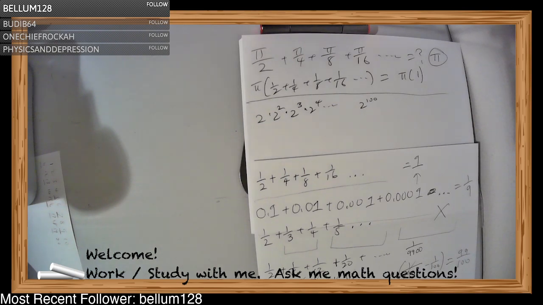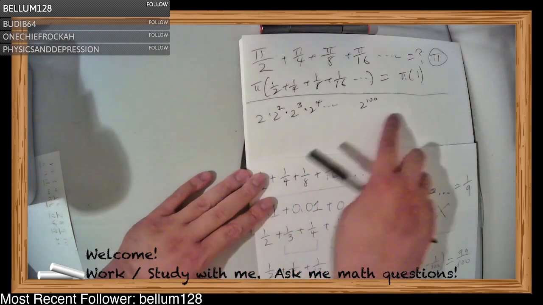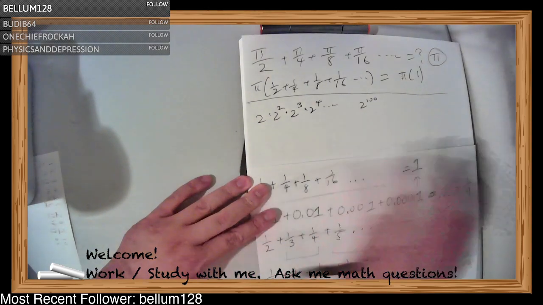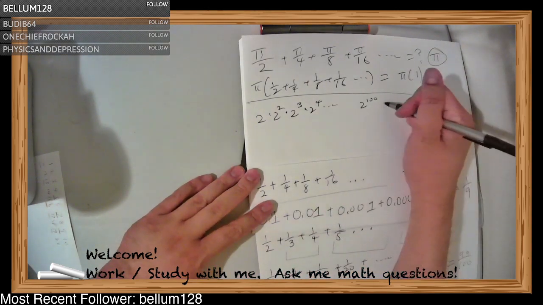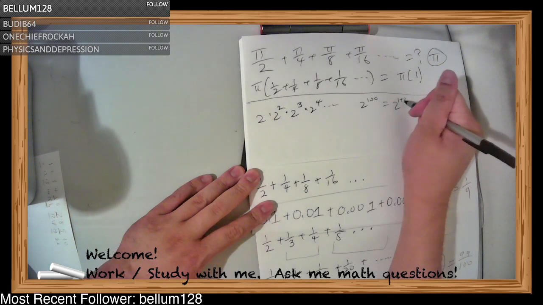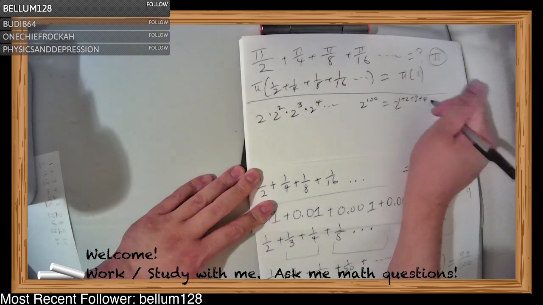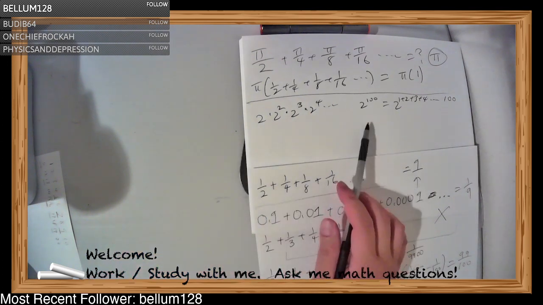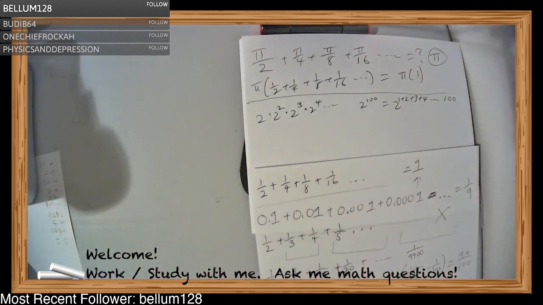If you know your rules of exponents, you take all the exponents, if it's all the same base, which in this case it is, and you just add up all the exponents. So the left side simplifies to the right side.